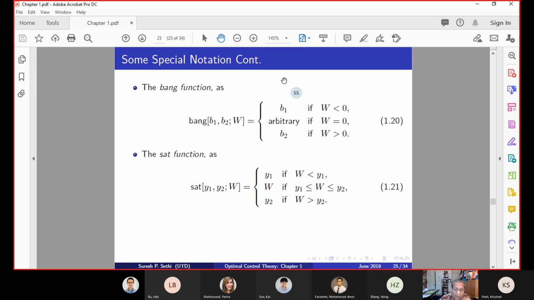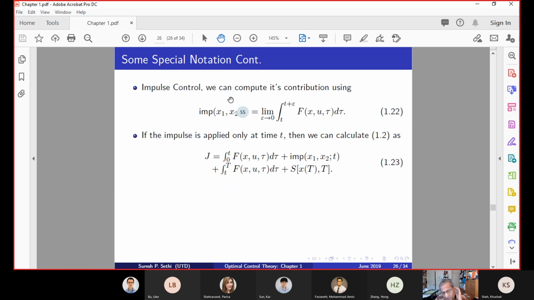Y1 is lower than y2. So if it's above y2, it chops off at y2. If it's below y1, it chops off at y1. And in between, it stays at w. We will see those examples later, but please read that there are some exercises that ask you to do that, so you can just follow that.